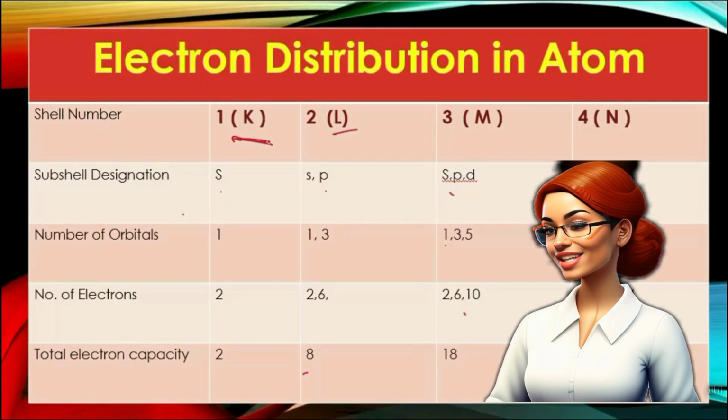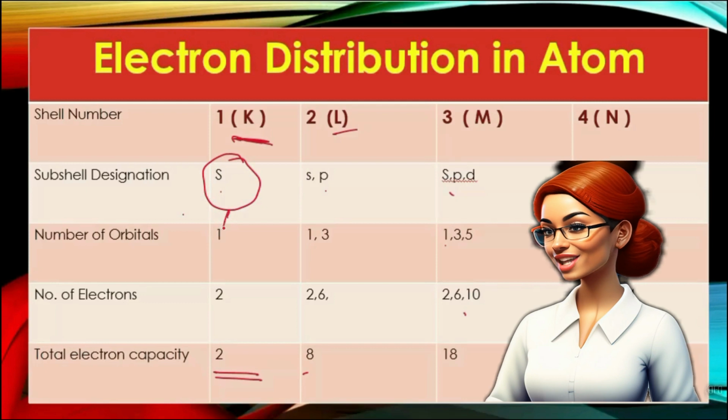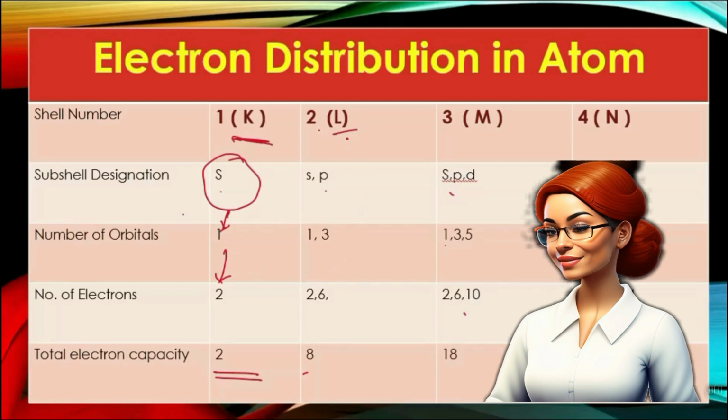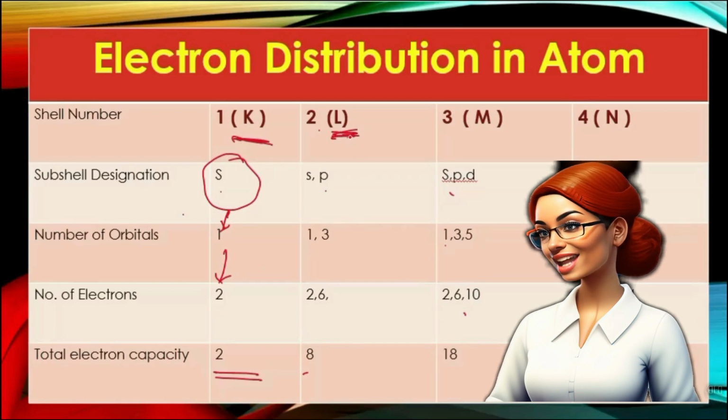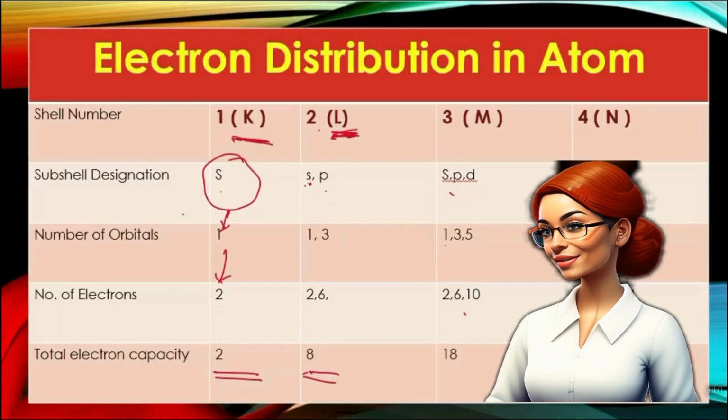The first orbit, energy level, is represented as the K shell and it can hold up to 2 electrons. This shell also has a subshell. The K shell has one subshell named S and it holds 2 electrons. The second orbit, energy level, is represented as the L shell and it can hold up to 8 electrons.